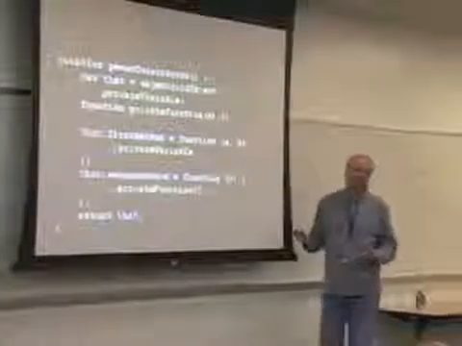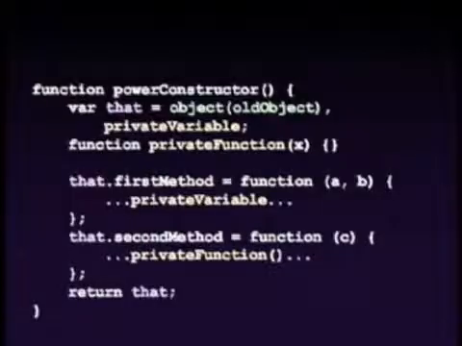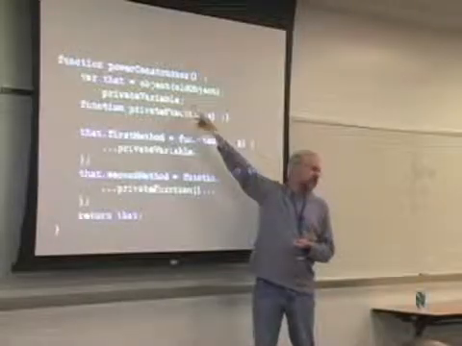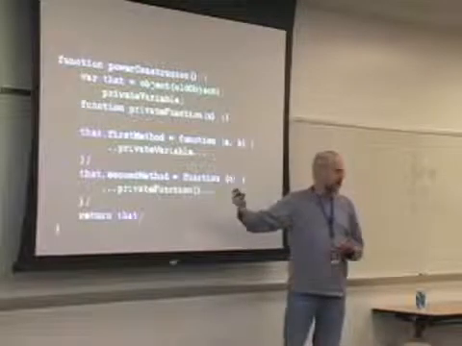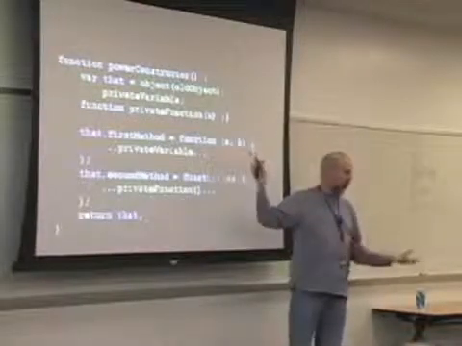Here's a template for a power constructor. We can't be using this in a power constructor because we're not called that way. So instead we have that. So we avoid the reserved word problem. And we'll make an object because that's step 1. And I could use the object function to do that, or I could use the new method to do that, or I could use an object literal to do that, or I could call some other function that returns an object.